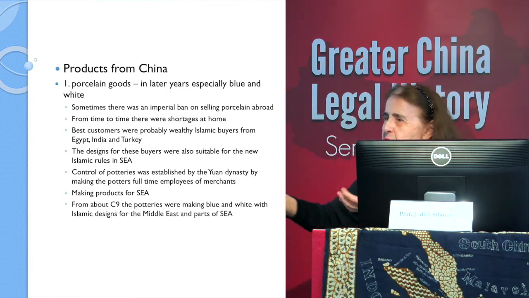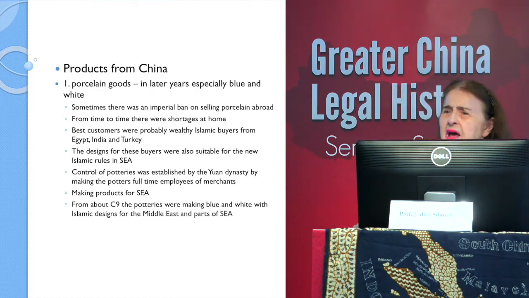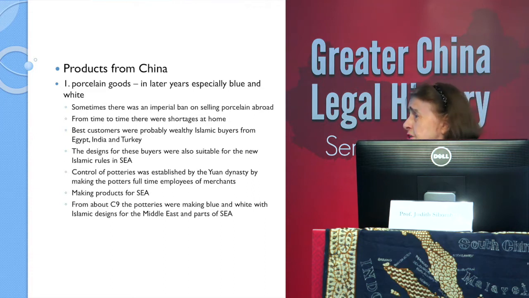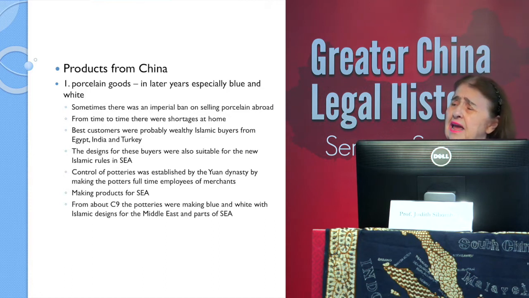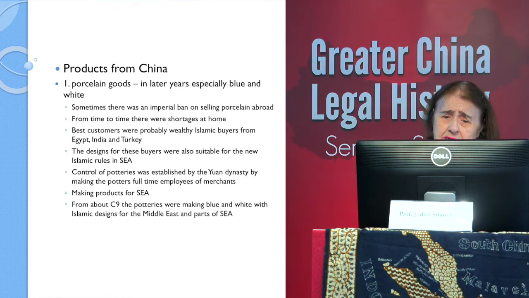They'd be dug up. You'd find these little bowls, utensils, pieces of blue and white. Hundreds of years later, from time to time, there'd be shortages of porcelain at home, and so in the end, they almost had unions of potters who were making blue and white.